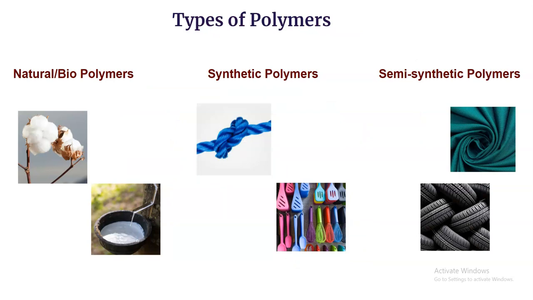Before getting into the polymers based on the mode of polymerization, let me give you a little example of those different kinds of polymers on the basis of origin. We've seen natural polymers, something like cotton or rubber, right? That we get right out of the rubber tree. These are natural polymers, very organically available in nature.